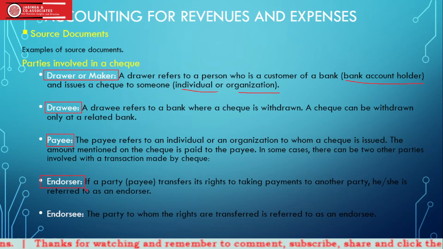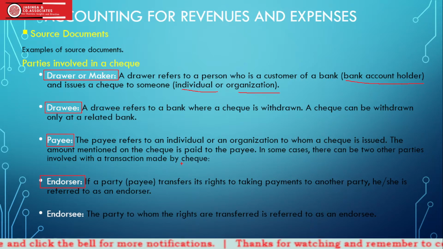And then we have the endorser. If a party or payee transfers its rights to taking payment to another party, they are referred to as an endorser. So when I pay you and you have a person who is supposed to receive funds on your behalf, that person you are calling the endorsee, and you are the endorser.